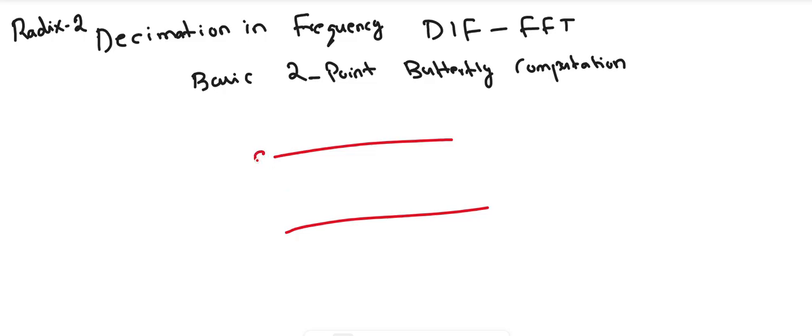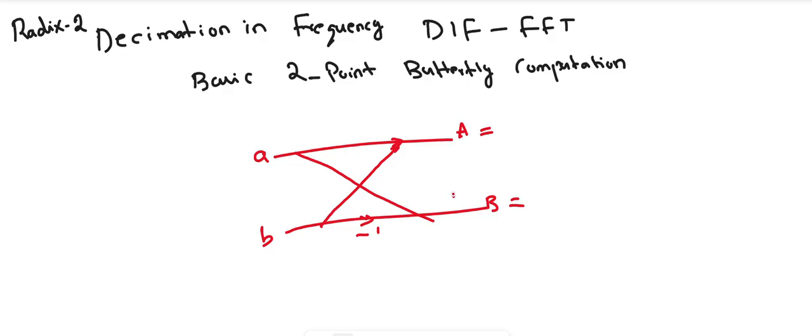So for given two complex numbers a and b, the lower wing should be -1.